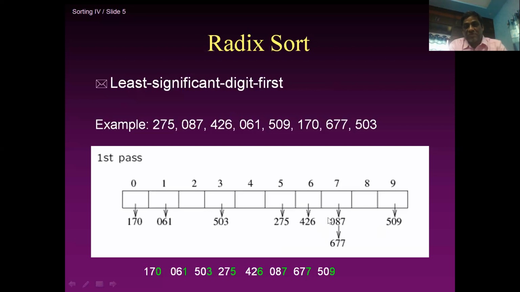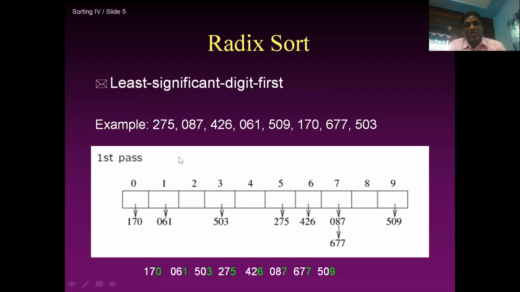Two numbers are there in this bin, so both of them in the same order in which they are kept will be taken out. So 87, 677, and the last number is 509 in bin 9. So this is the output from pass 1, first pass.